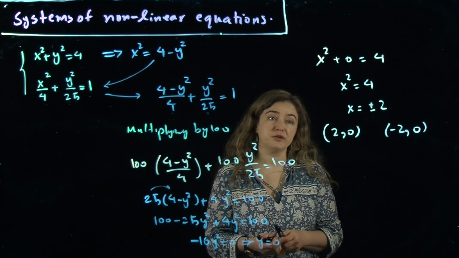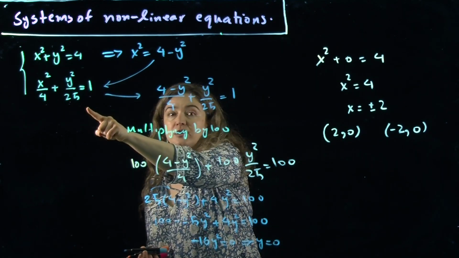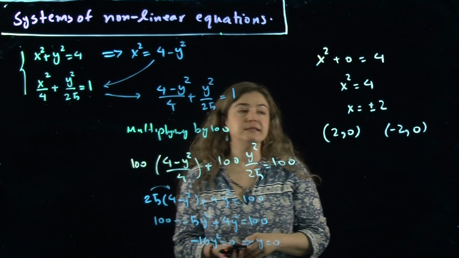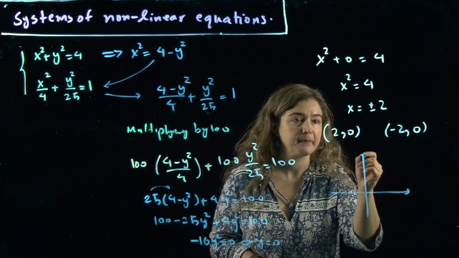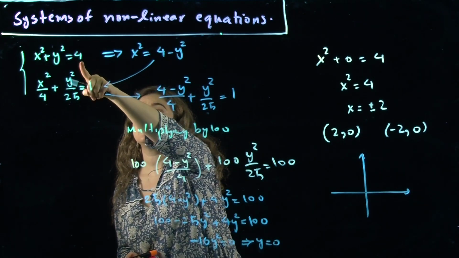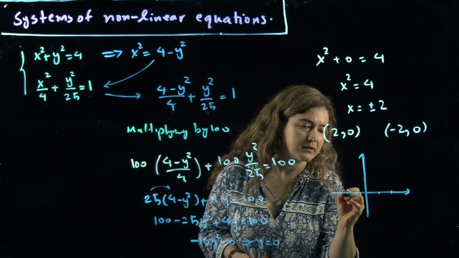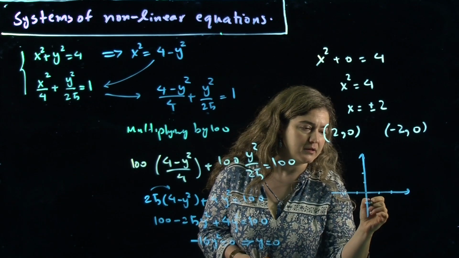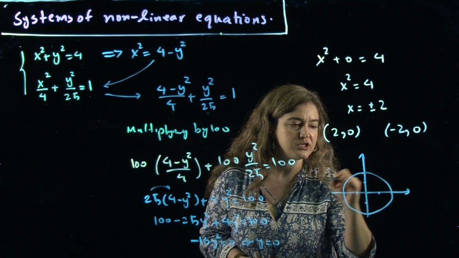And soon enough, we're going to discuss the equation of a circle and the equation of an ellipse. Actually, the first one of these is the equation of a circle of radius 2, looking like this, center at origin.